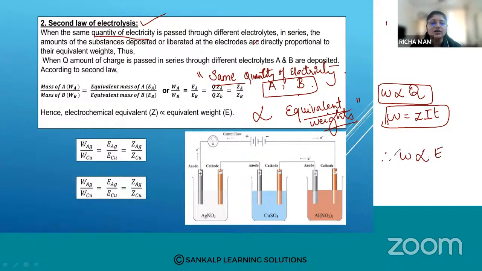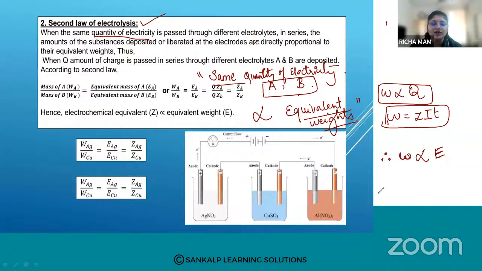The same amount of electricity passed through two different electrolytic solutions liberates or deposits amounts of substance directly proportional to their equivalent weights.